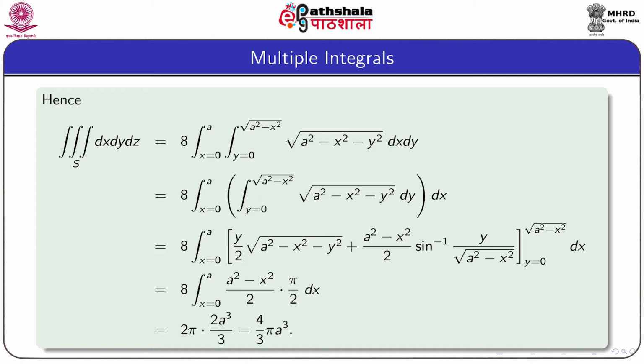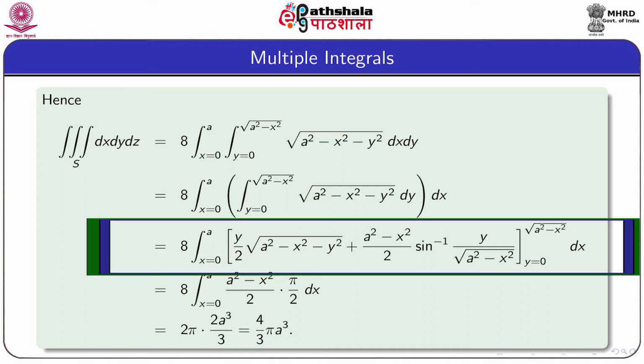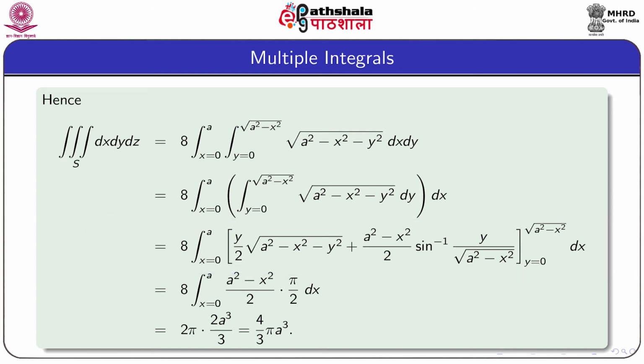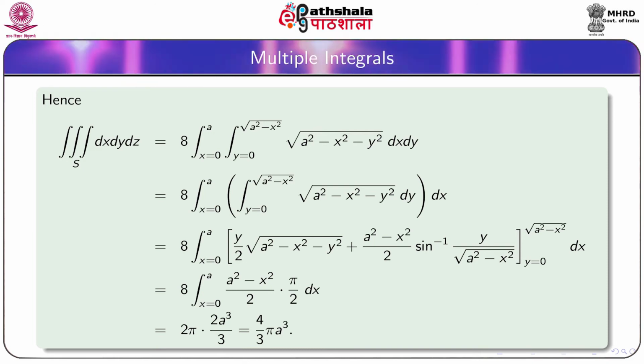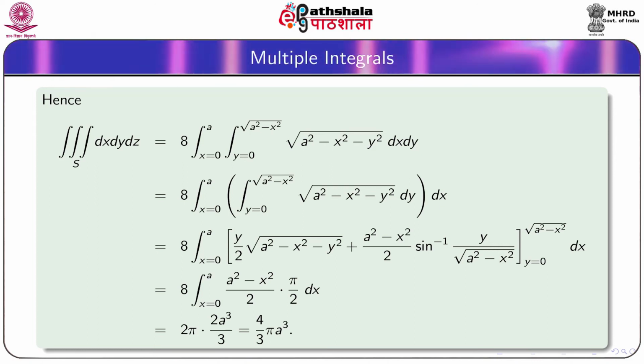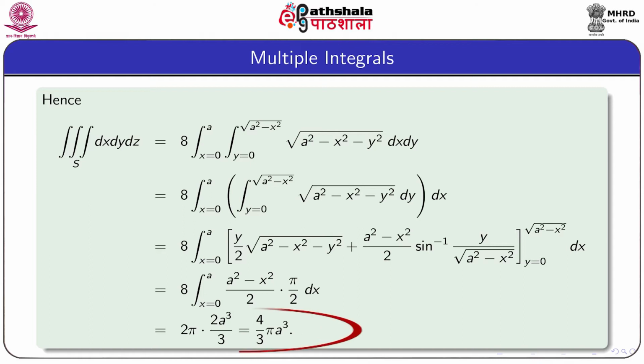So, this equals 8 times the integral x equal to 0 to a of [y/2 times square root of a^2 minus x^2 minus y^2 plus (a^2 minus x^2)/2 times sin inverse of y over square root of a^2 minus x^2], evaluated with lower limit y equal to 0 and upper limit y equal to square root of a^2 minus x^2. And we find that this equals 8 times the integral x equal to 0 to a of (a^2 minus x^2)/2 times pi/2 dx. And finally, we find that it equals 4/3 pi a^3.